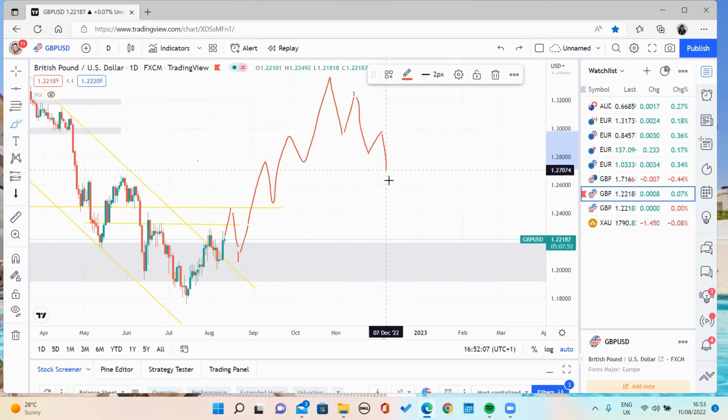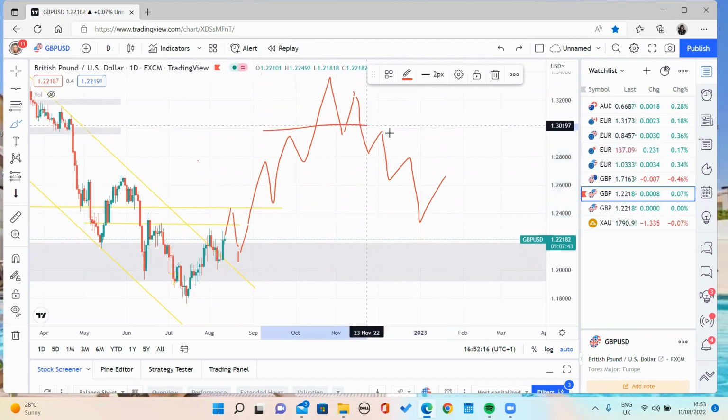You test, and it looks something like this. So at this point here, I've got my dodgy line. You've got your last high and low. So price came up, it hasn't gone higher than the previous high.